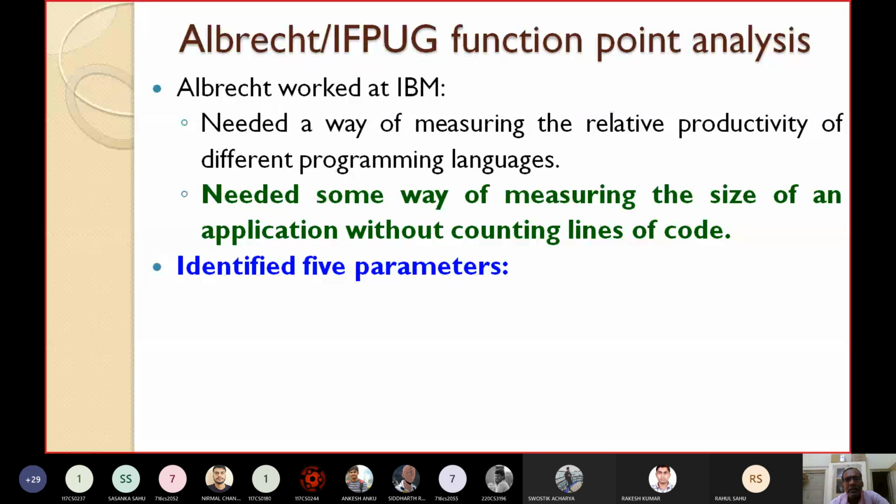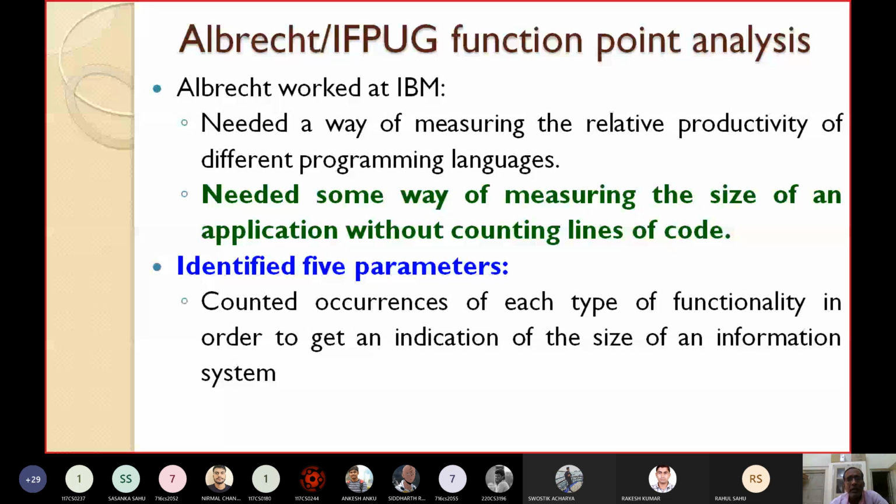He counted the occurrences of each type of functionality, in order to get an indication of the size of an information system.